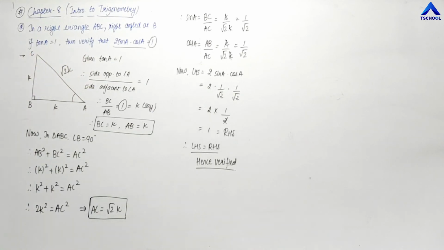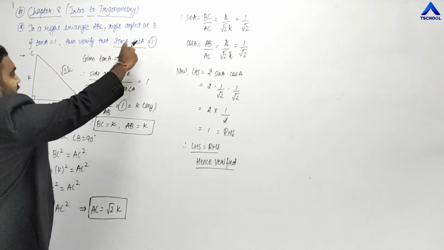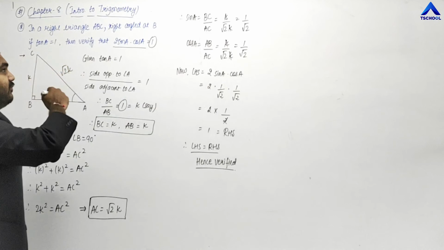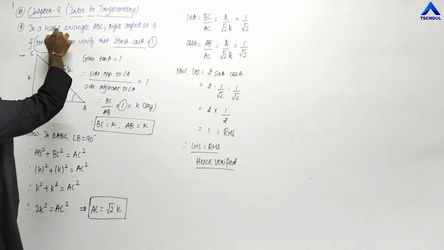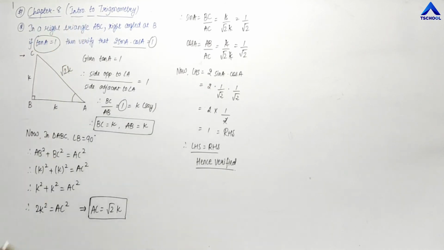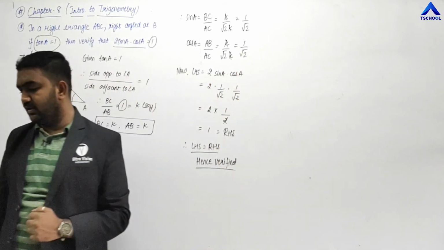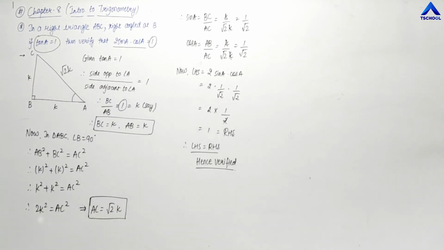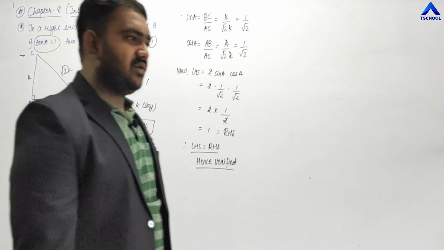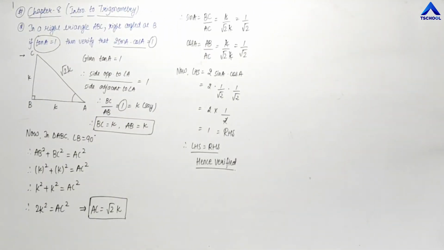Hence it is verified that 2 sin A into cos A gives me 1 for the condition that tan A equals 1 in a right angled triangle ABC, right angled at B. So for the given situation, 2 sin A into cos A will give the answer equal to 1. Is it clear, friends? So that is about this question that we have already solved here.